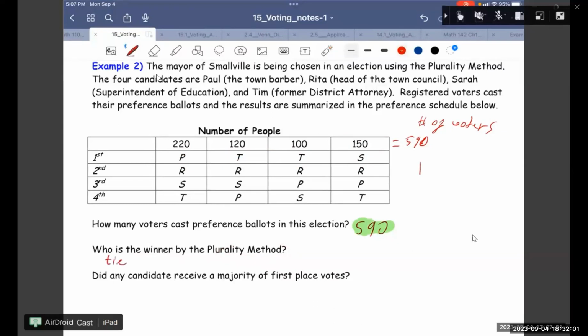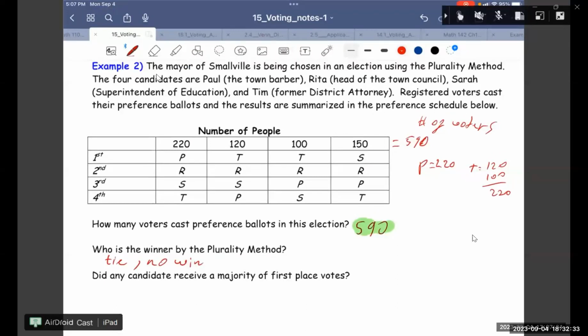So this one is tight, because Paul has 220, and then Tim is 220, and then Kristen is 120 and 100. So both of them are tight. So tight, no winner.